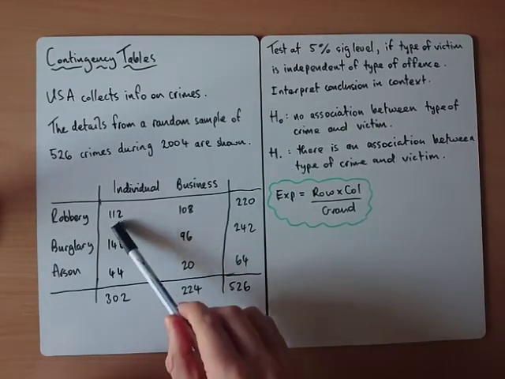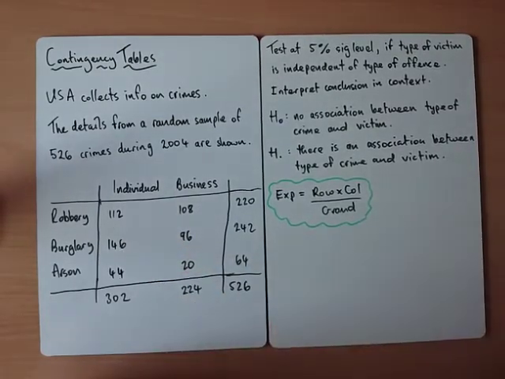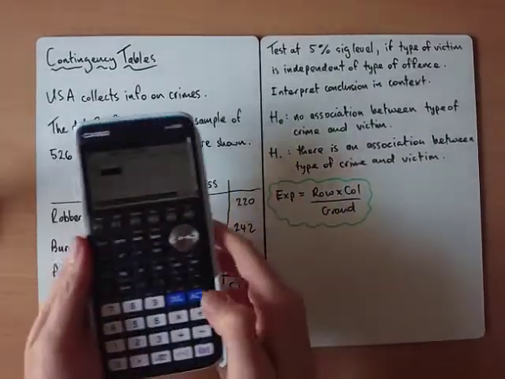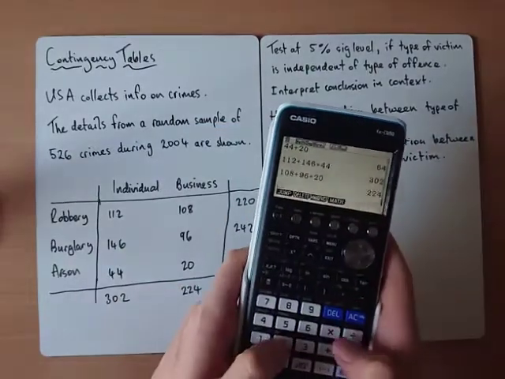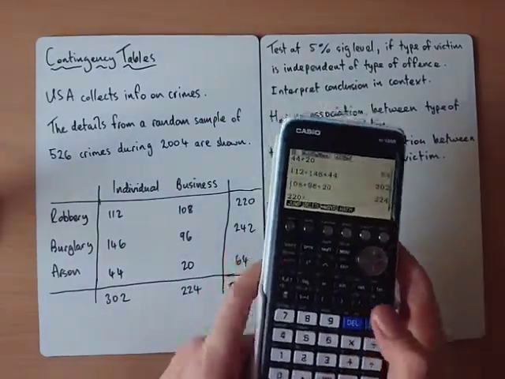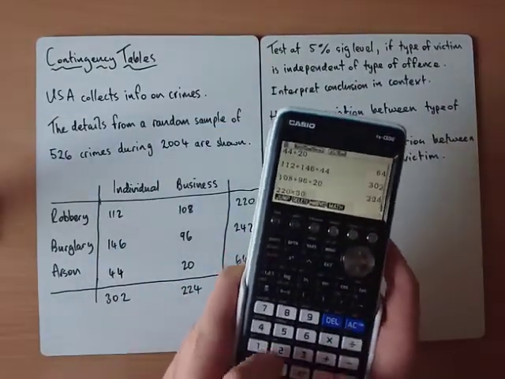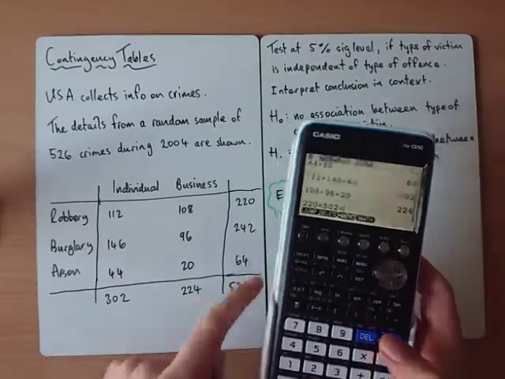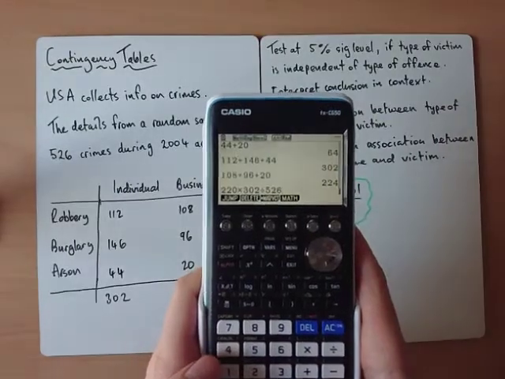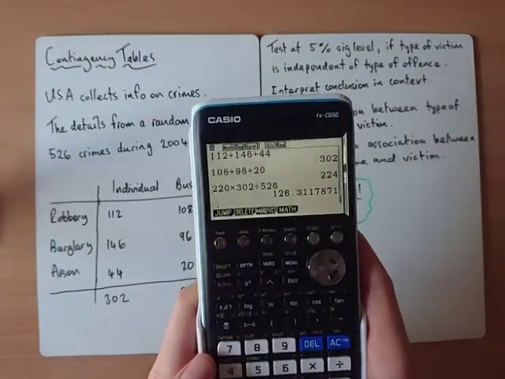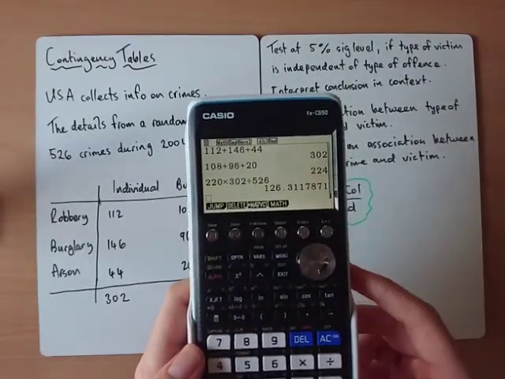So if we look at maybe this first value, 112, the row total is 220, the column total is 302, and then you divide by the grand total, which is 526, and that gives me 126.3117.